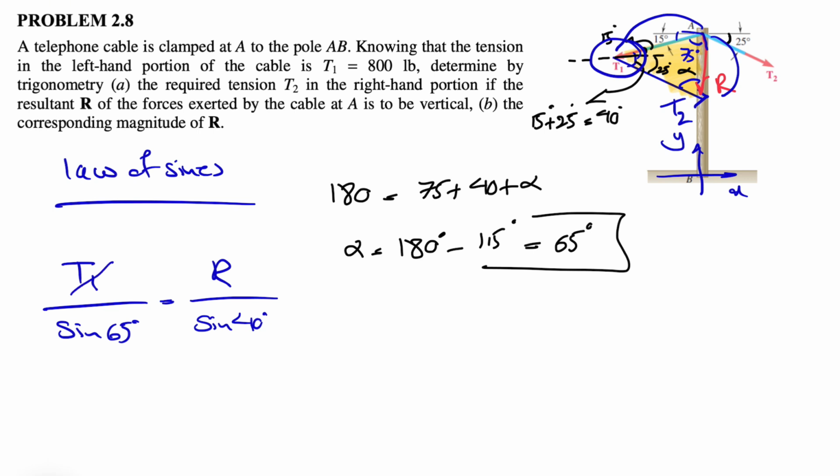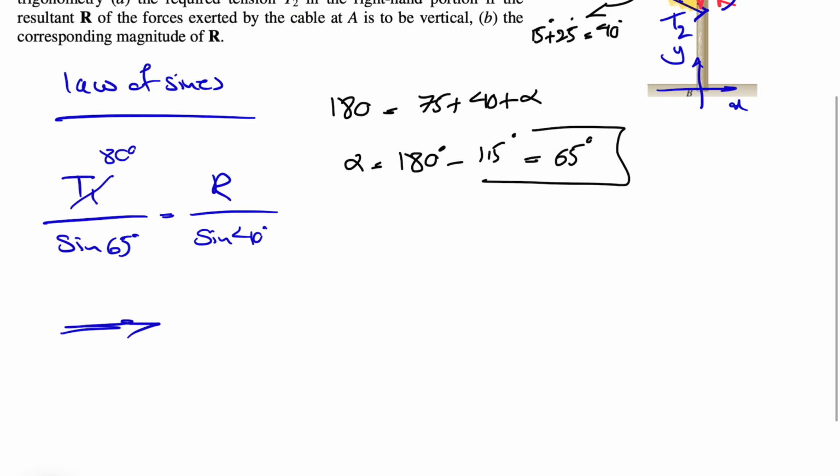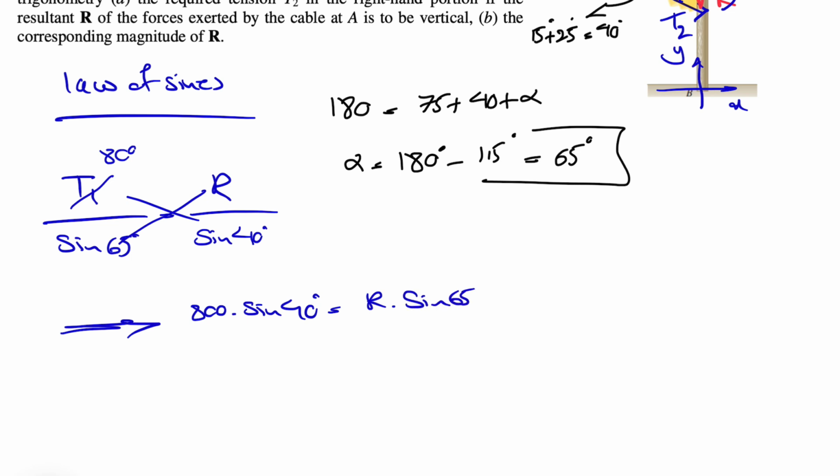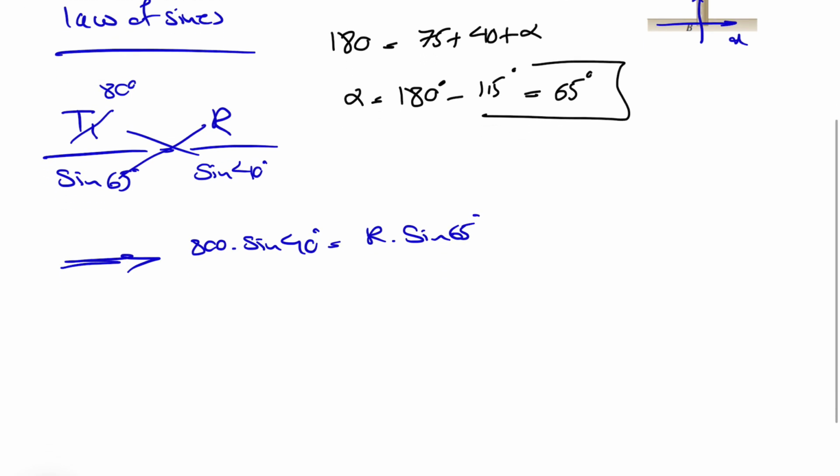So since in the question we know that T1 is 800, from here we can find our R. If we cross multiply these two, basically 800 times sine of 40 is equal to R sine of 65 degrees. So we can find R, which will be 800 times sine of 40 divided by sine of 65.